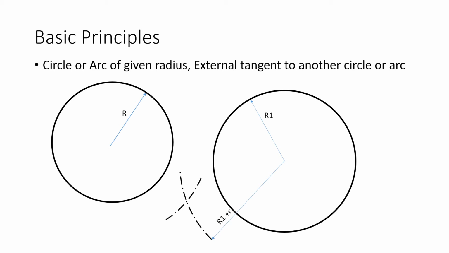So we're going to have R and r1 and r and r. So once you add those two circles, where the lines intersect is going to be the center for drawing the external tangent to those two circles.